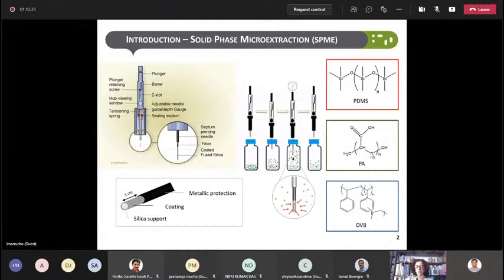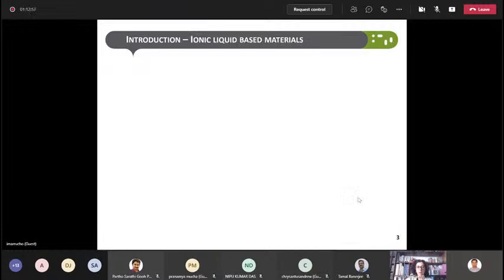There are very few polymers that have been used to prepare these coatings, typically PDMS, PA, polyacrylic acid, and DVB. And right now we have all of these with carbon inside also to create a porosity effect. And so basically this is what we have to analyze everything that you name it to analyze.